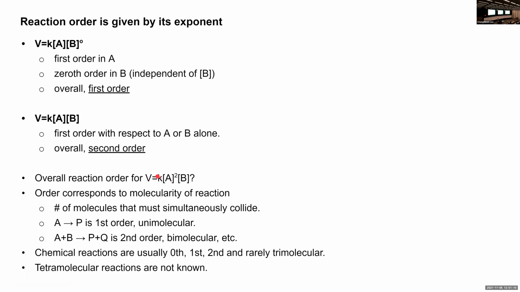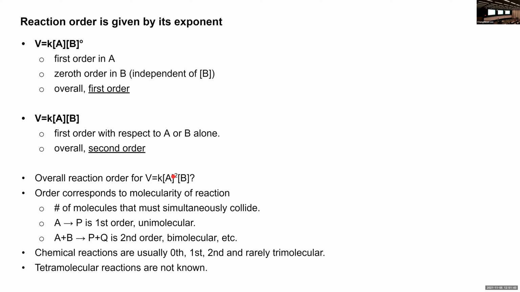So again, what would be the reaction order for this V for A, two molecules of A and B, a single molecule of B? Exactly, third order, because that's going to be 2 plus 1, right? It's the sum of all the exponents, basically. Because the order of the reaction corresponds to the molecularity of the reaction, how many molecules are colliding at the same time for this reaction to occur.